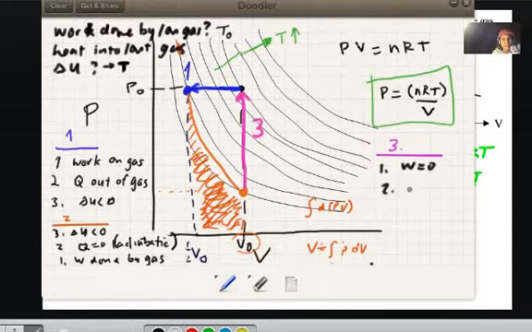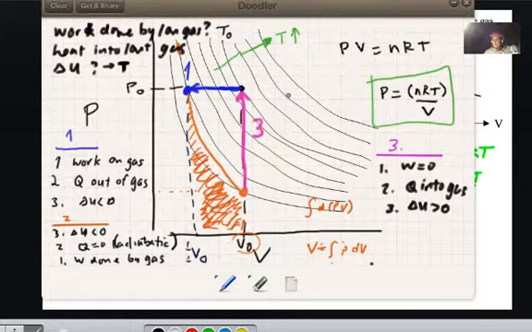So that means that Q is into the gas. And the third thing is, what about the internal energy? We know the internal energy change is greater than 0 since the temperature increases.